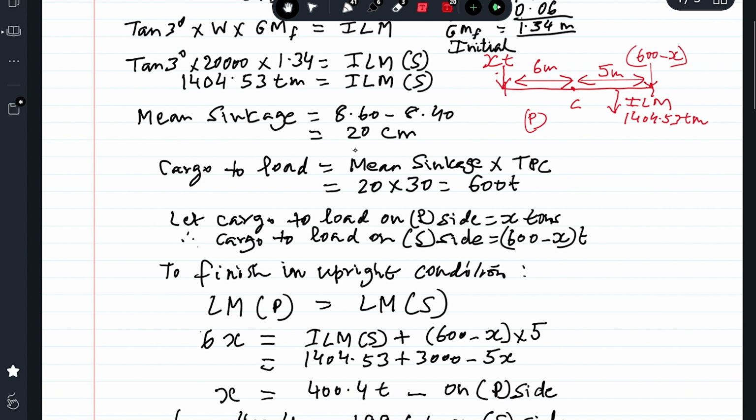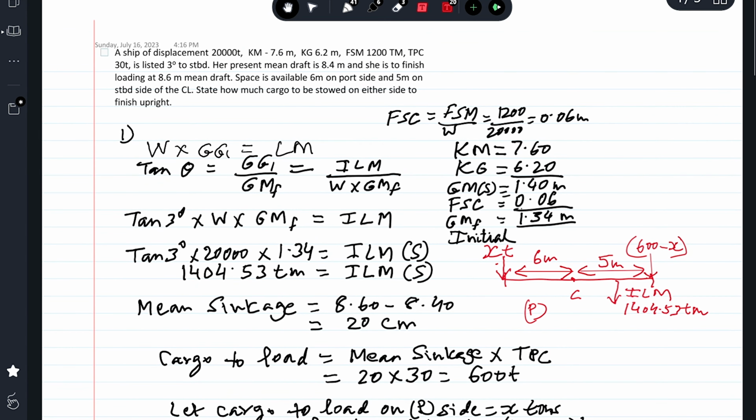Now the starboard side. I already have an initial listing moment to starboard, ILM to starboard, plus the cargo which I am going to load on the starboard side will add to it the listing moment. So what is the cargo on the starboard side? 600 minus x, and the starboard side space where I am loading cargo is 5 meters from the center line.